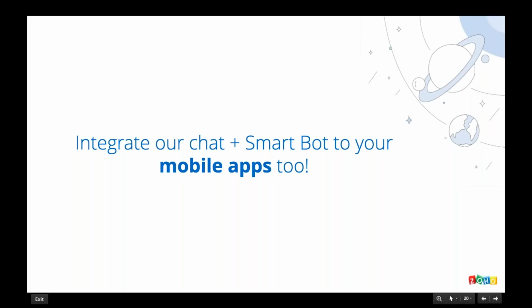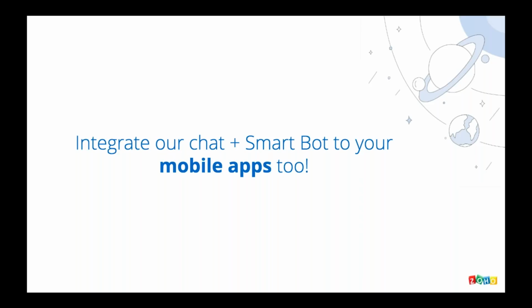And finally, the last bit, just like how SalesIQ can be added to websites and the bot can be activated on it, we can also integrate SalesIQ's live chat to mobile apps that your company or business already has. It's kind of similar to the live chat button that you see inside, let's say, the Uber app or Yelp, for instance.